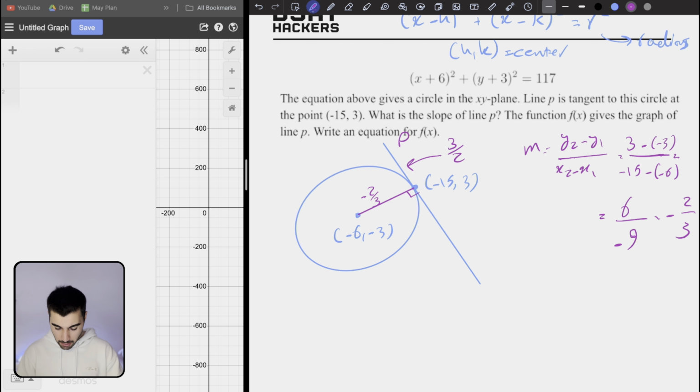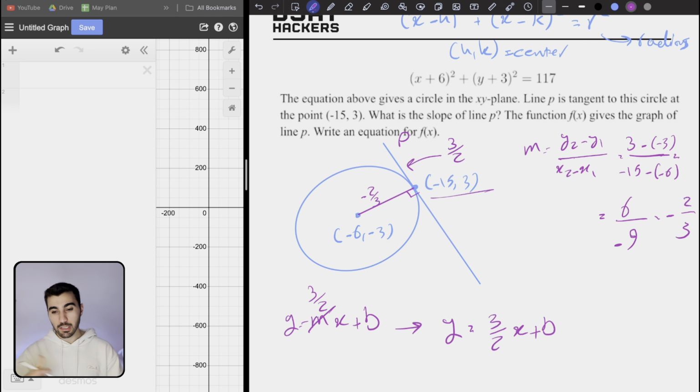So let's go ahead. This is a line, so the equation is y equals mx plus b. So m is 3 over 2. So we can write y equals 3 over 2 x plus b. And we can plug this point that is on the line into the equation and find the value of b.